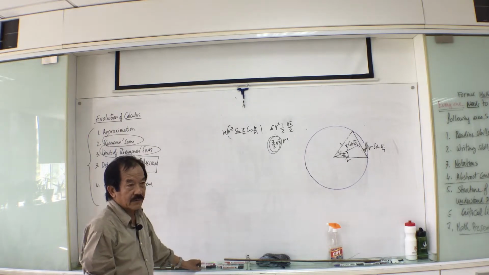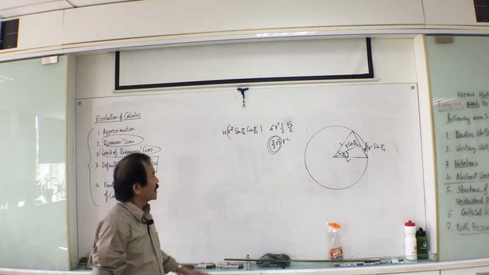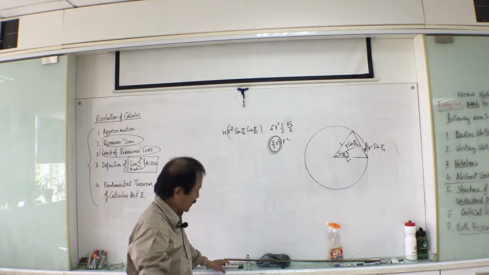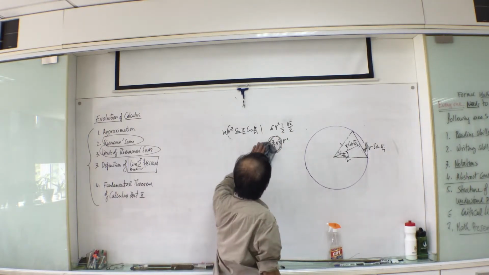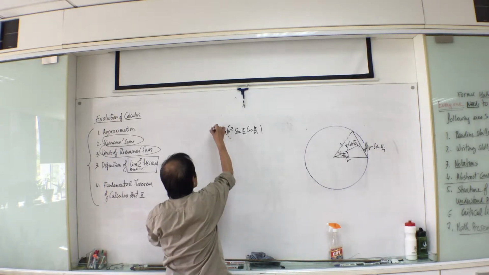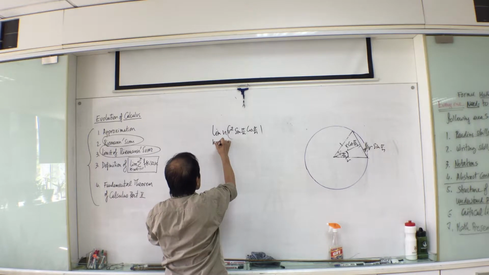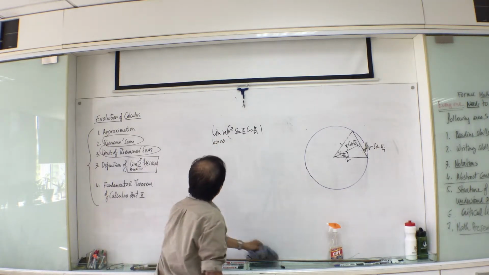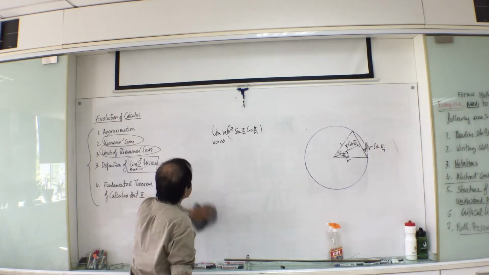How about if n goes to infinity? If n goes to infinity, everything here should come out to be pi r squared for sure. Let's see if we're able to do that. Here I take the limit as n goes to infinity to see what we have.